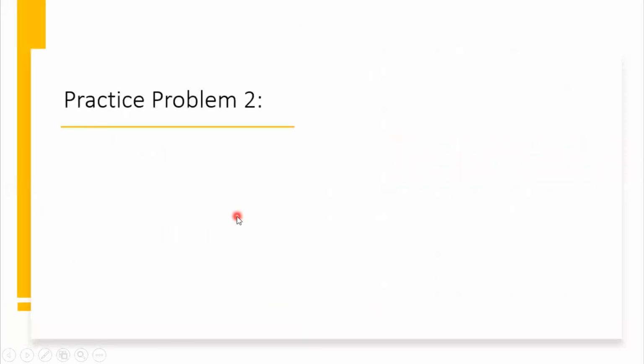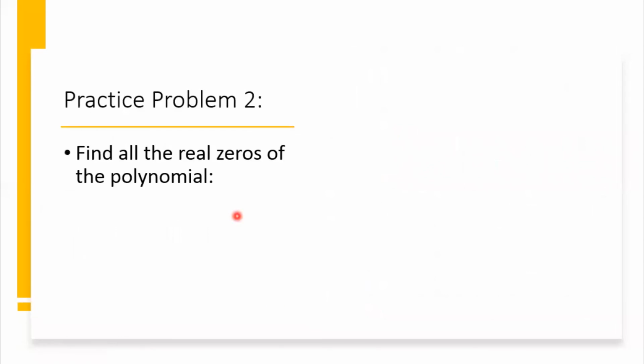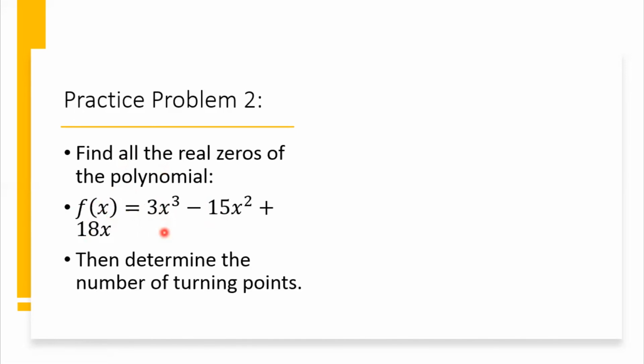Okay. Another practice problem, find all the real zeros of the polynomial. Okay, so how to find the real zeros of the polynomial? You have to factor this out first, then you equate that to 0, then you solve for x. Then determine the number of turning points.